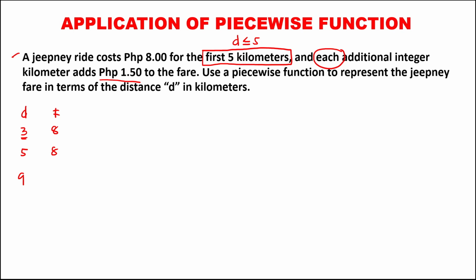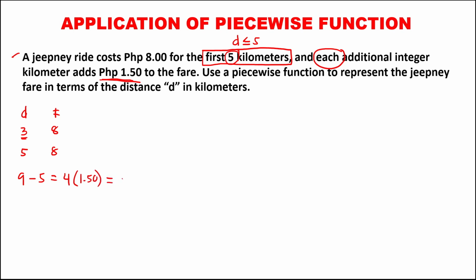So first, we need to compute the number of kilometers after the first 5 kilometers. From 9 minus 5, this is 4. So we have 4 kilometers after 5 kilometers. Then to compute the additional, 4 times the rate, that's 1.50.